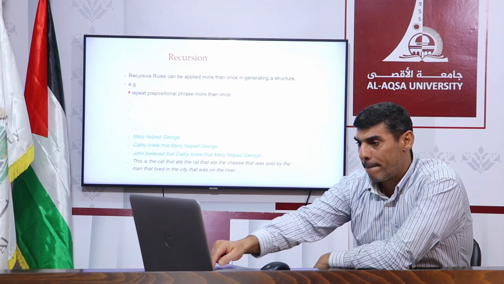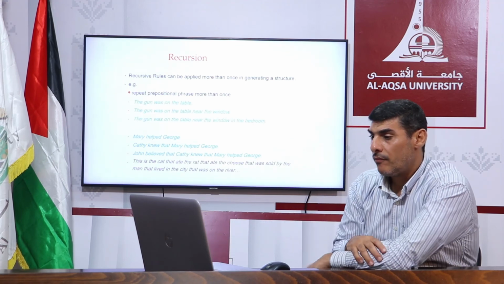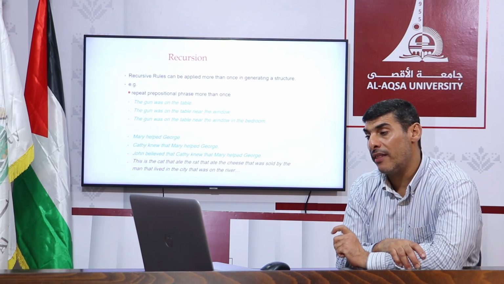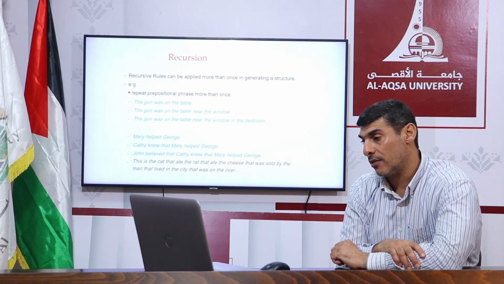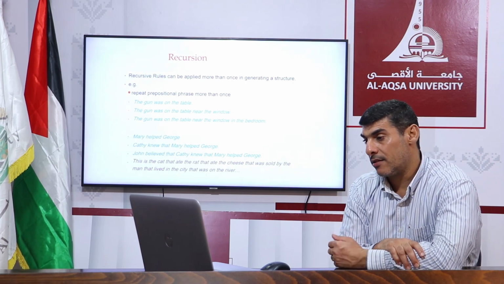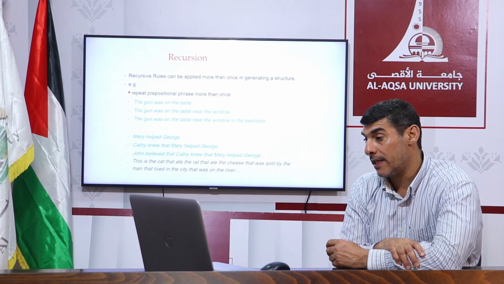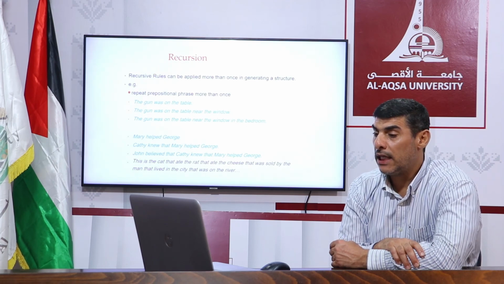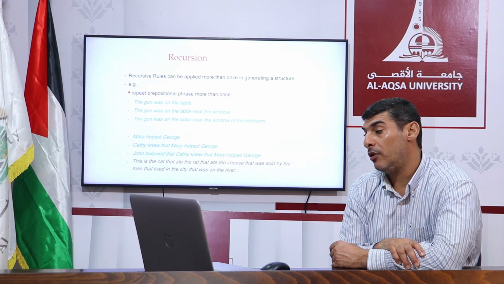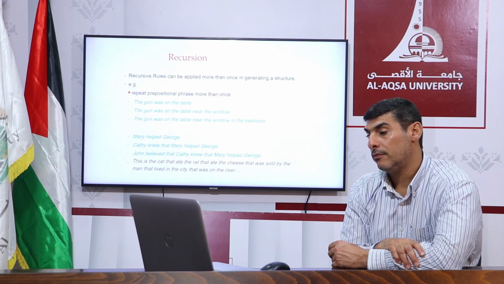So as you see, let's read this. Recursive rules can be applied more than once in generating a structure. Okay, so you can repeat prepositional phrases more than once. The gun was on the table. The gun was on the table near the window. The gun was on the table near the window in the bedroom.